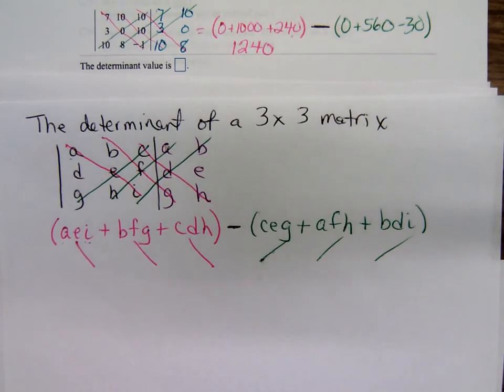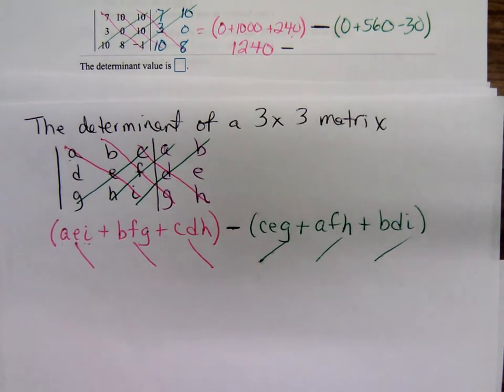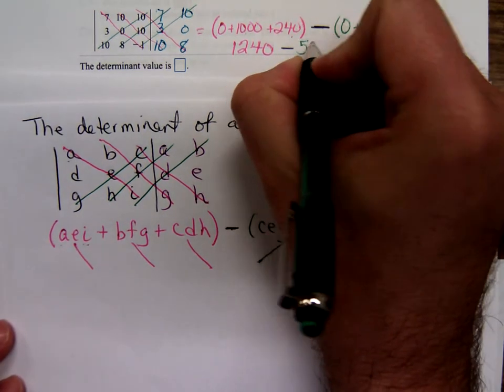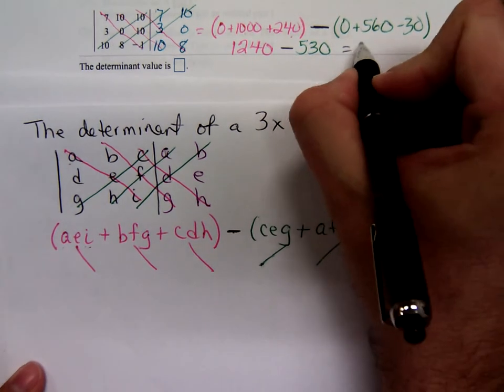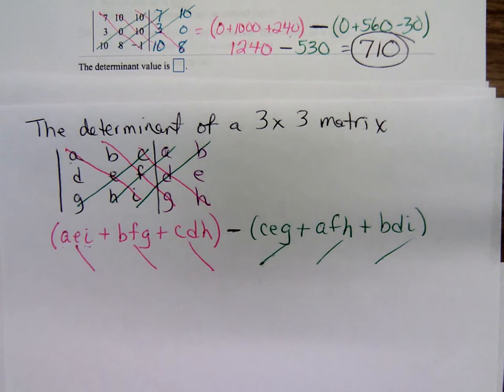Oops. It's minus right here. 560 minus 30, is that going to be 530? So we have 1240 minus 530. What are we getting for that? Did y'all hear 710? Be a little messy, can't it?